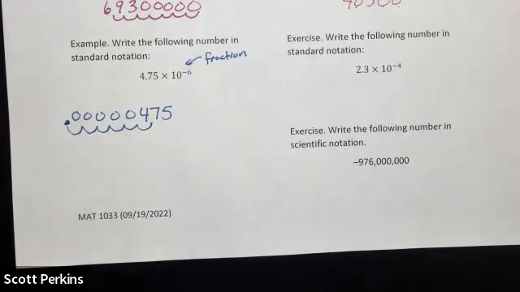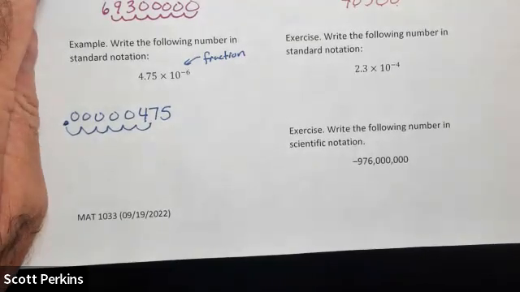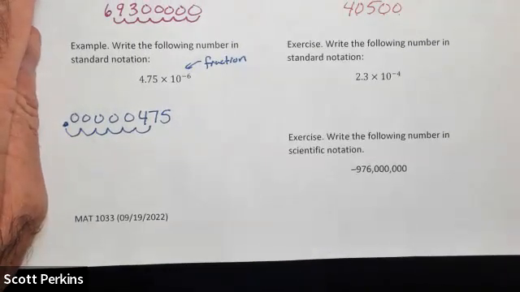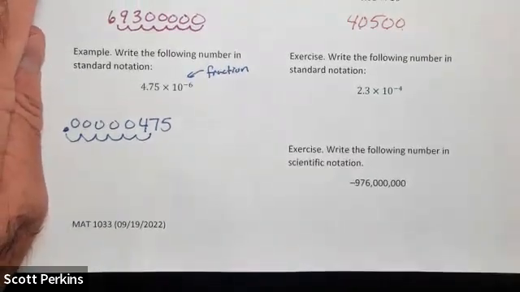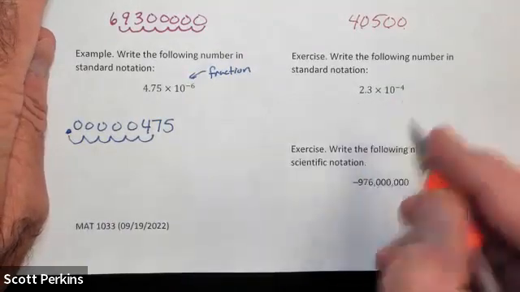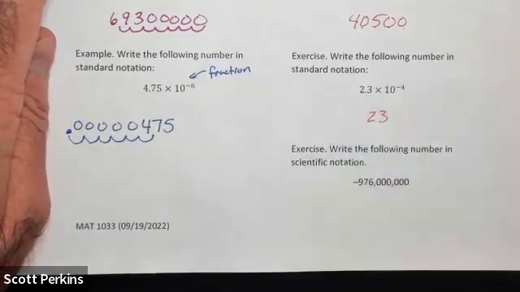Your exercise: 2.3 times 10 to the negative 4. So the 2.3 I'm going to write as 23.